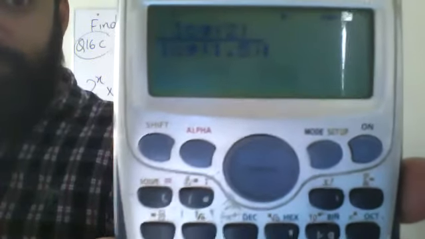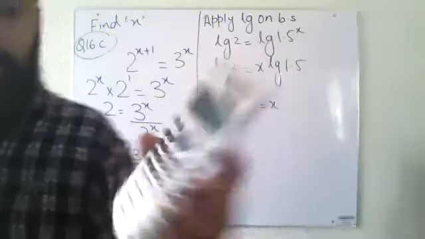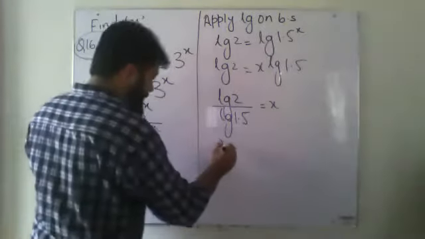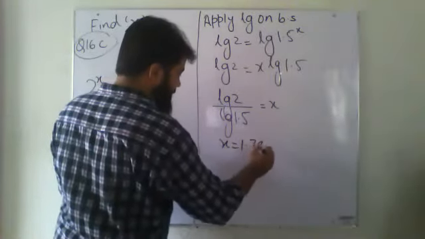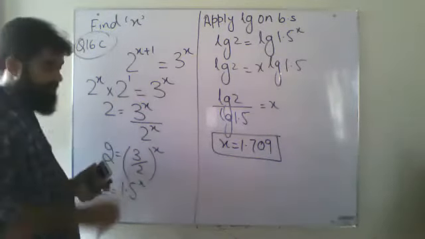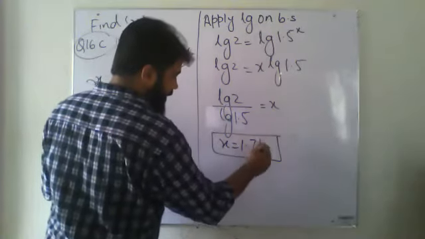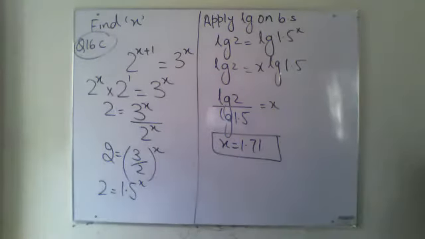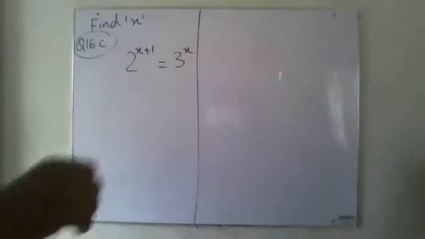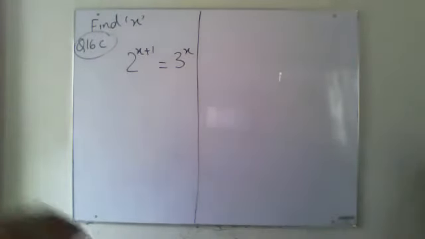Again and again I'm telling you, you don't have to cancel log. So when I will simplify it, the answer of x is coming 1.709. They are telling us 3 significant figures. So I'm rounding up the 9 and this will be coming 1.713. 3 significant figure answer is there. So again, this is the question and how we are going to solve it on the board.